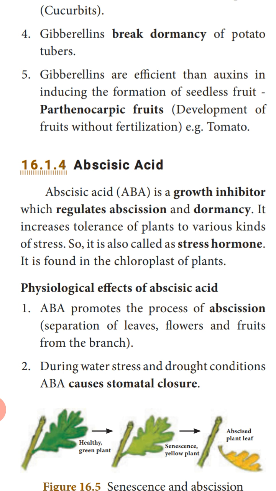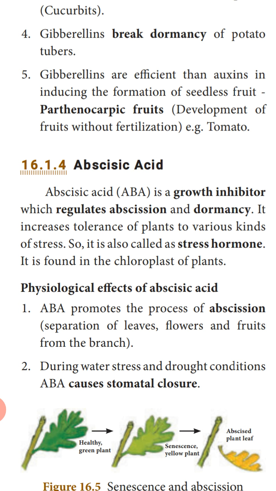Next, what are the physiological effects of this abscisic acid we are going to study here? So first physiological effect, ABA promotes the process of abscission. Abscission we have studied. What is it? The process where the separation of the mature leaves, flowers and fruits takes place.